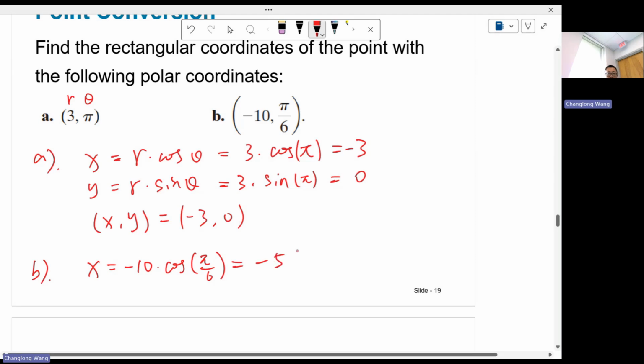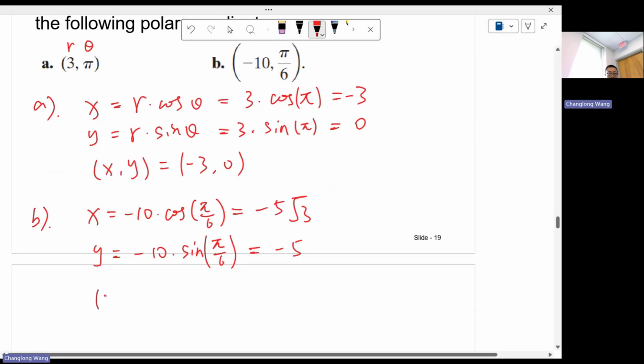This is -5 times radical 3. Y is -10 times, not cosine, sine of pi over 6. Sine pi over 6 is 1/2. This is -5. All right, so the rectangular coordinates for the same point are -5 radical 3, comma, -5.